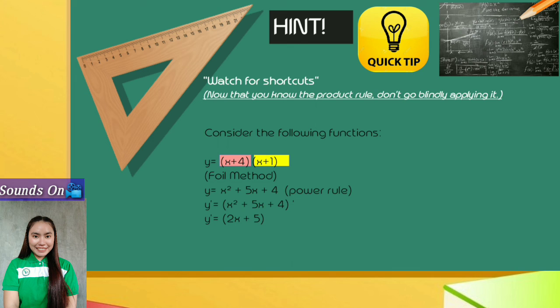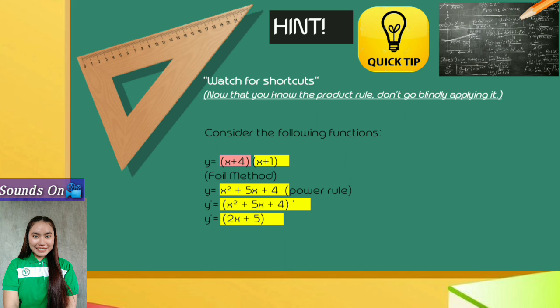So by FOIL method, y is equal to x plus 4 times x plus 1. So y is equal to x squared plus 5x plus 4. Then by the knowledge about the power rule, we have y prime is equal to 2x plus 5.